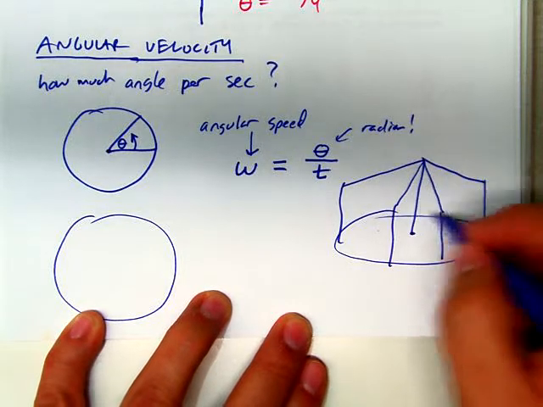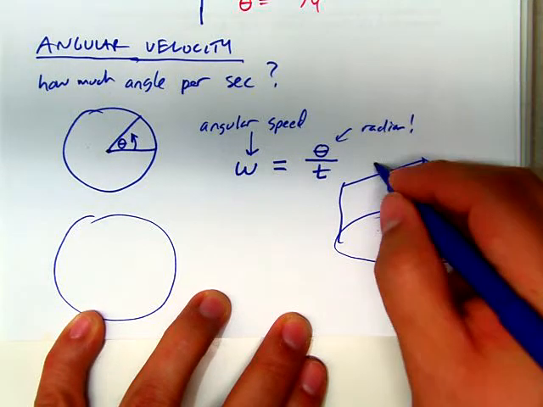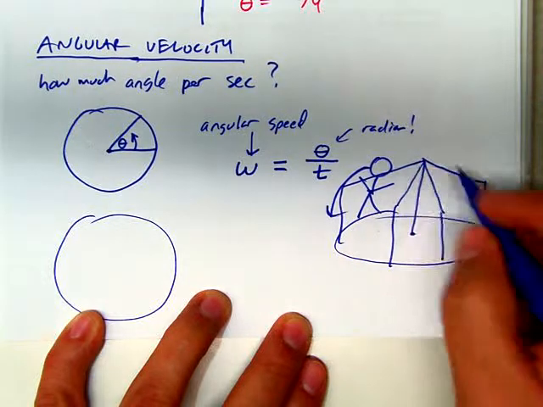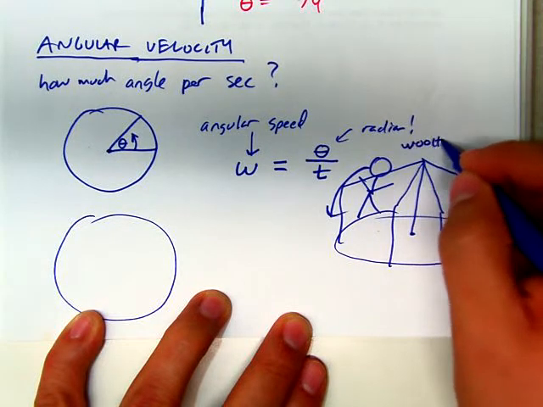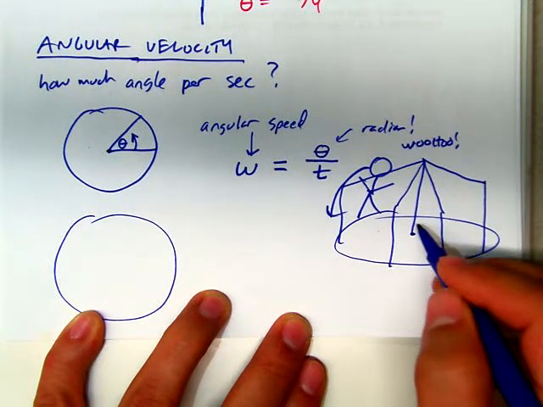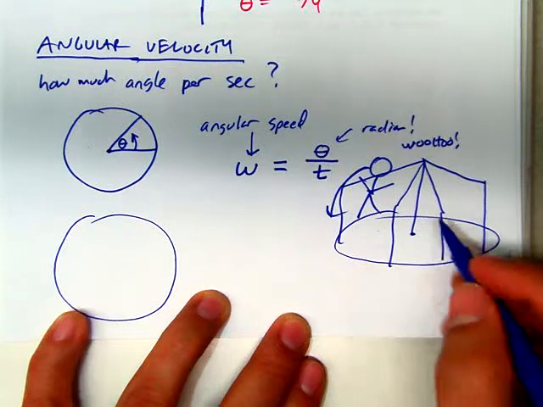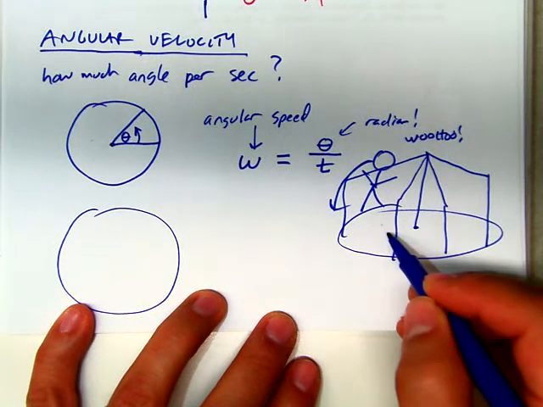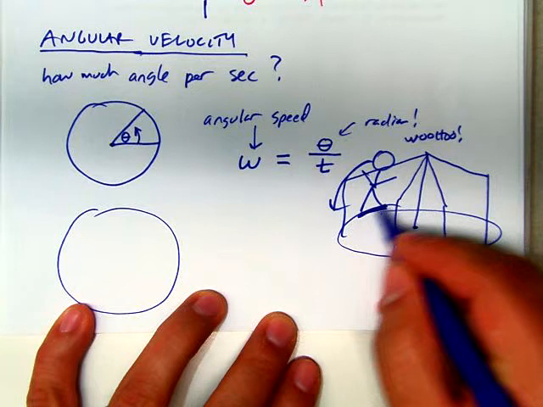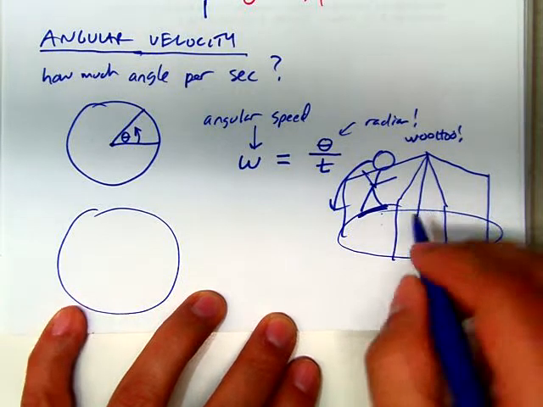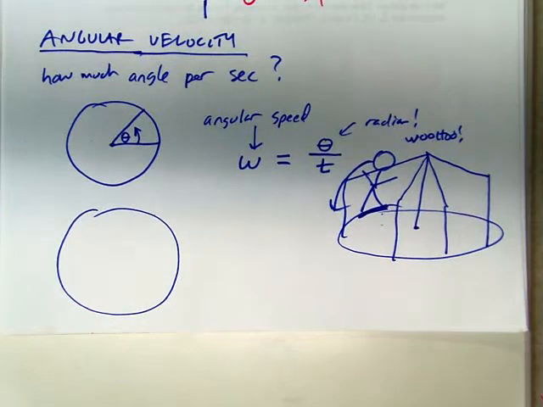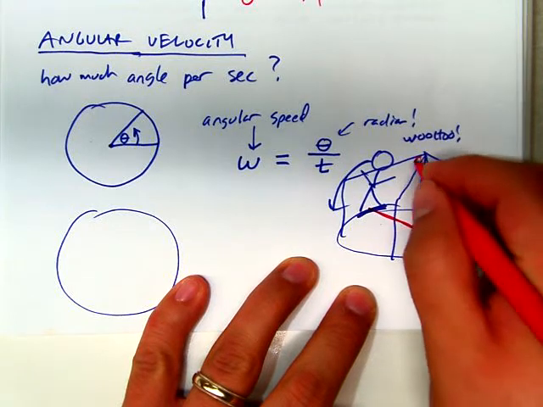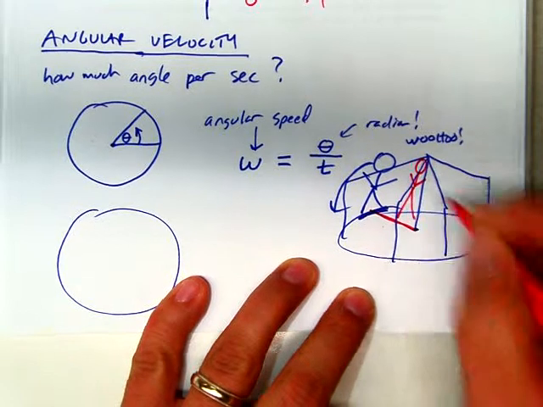This thing spins around and you've got someone standing on the end, spinning, going woohoo! Because they're having a lot of fun, right? They're on the outside. Now, if you picture a merry-go-round, someone standing here on the edge versus someone standing right here in the center. So let's say this is the radial line.